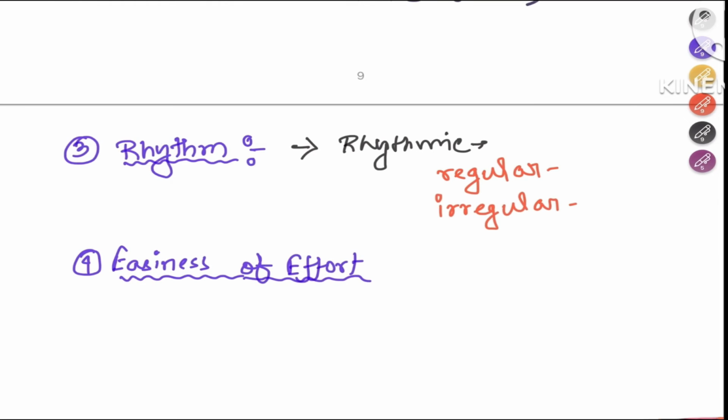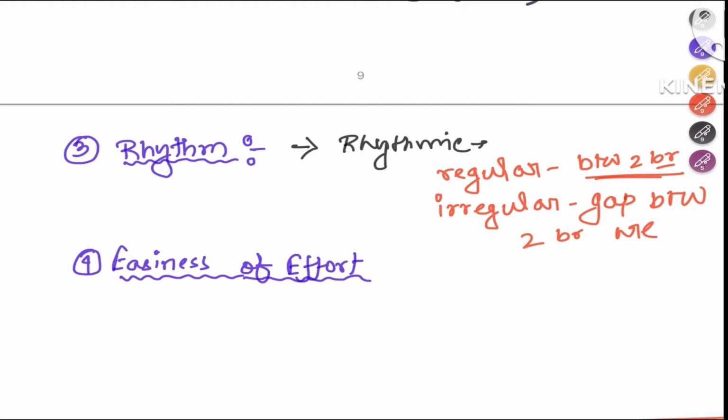It is the gap between two breaths. If the gap is the same, it's regular, and irregular means the gap between two breaths is not the same.